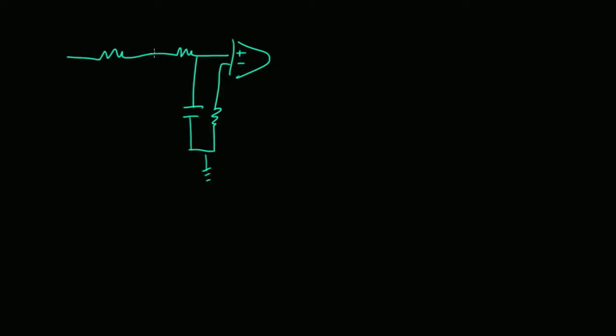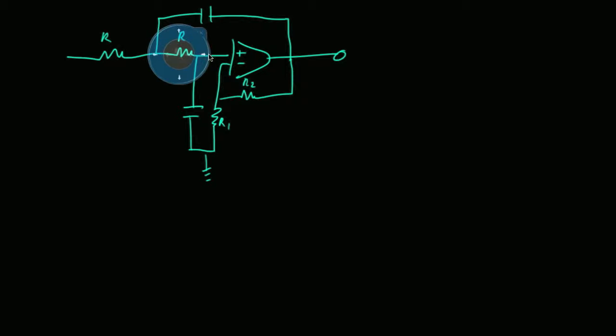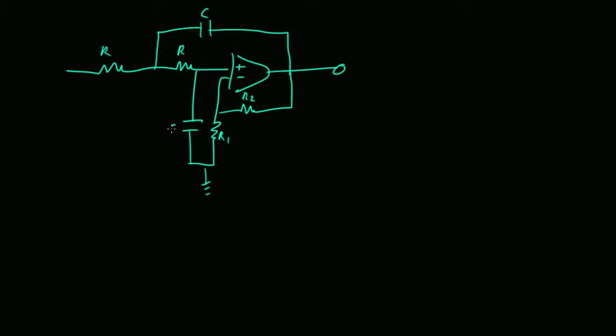Right, so in the Sallen-Key filter, what does the gain term kind of do for you? It sets the damping coefficient, right? Remember that the R and the C give you the omega naught, and then the gain basically sets the damping coefficient.